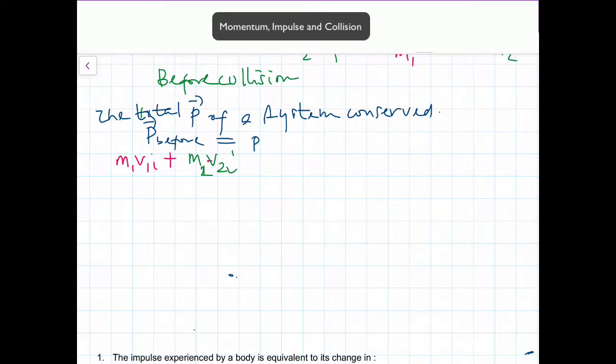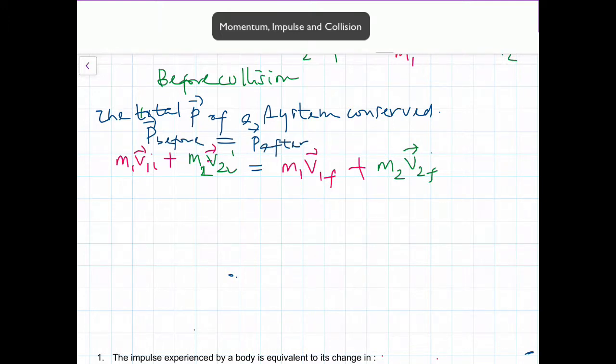According to the conservation of momentum, momentum before and momentum after are equal. That means after the collision, you have mass 1 that acquired velocity 1 final. Those are vector equations, so keep that in mind. So it's equivalent to mass 1 V1 final plus mass 2 V2 final. This is what the conservation of momentum is.